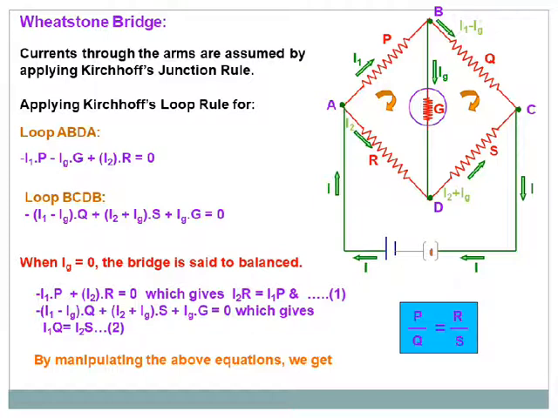While tracing the path, if the current is going along with us, then it will be negative, and if the current is in the opposite direction while tracing the path, then it will be positive.